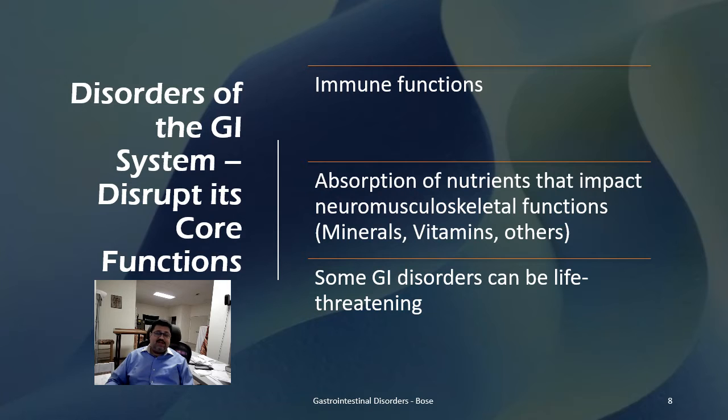Perhaps the best example of that is the presence of acid in the stomach. The pH of the stomach is about 1 to 2, which is extremely acidic. Neutral pH is considered 7, so you can imagine how acidic the stomach environment is.